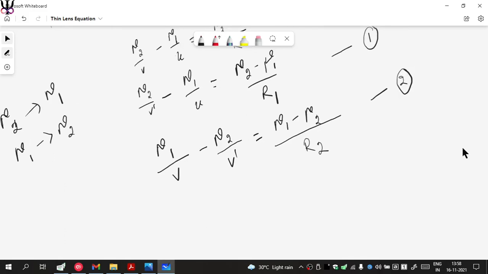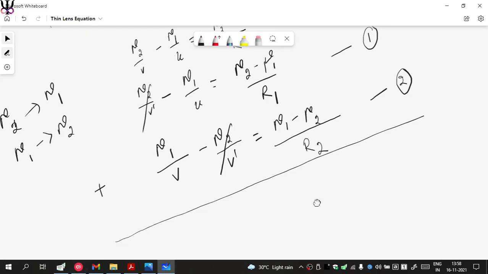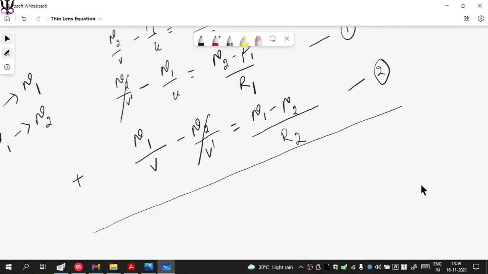And that is our second equation. Now all you have to do is just add these two equations, adding the left hand sides and the right hand sides. When you add them, mu2 upon V dash minus mu2 upon V dash, these two terms cancel out, and the left hand side becomes mu1 upon V minus mu1 upon U. Now the intermediate image distance or object distance V dash has been cancelled, and we have the actual terms.